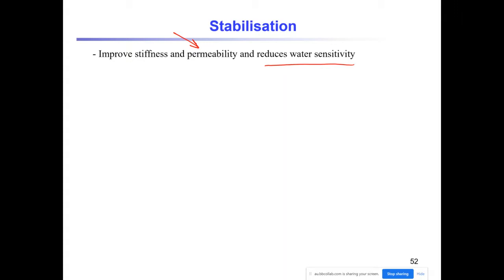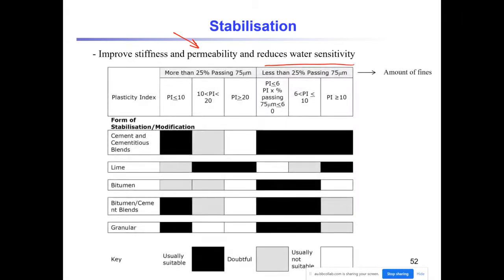During the dry season, the soil will shrink. So large level of settlement, which is very problematic and cause failure in the road, in the foundation, and in structure. So you need to add some materials in order to stabilize, in order to reduce water sensitivity of the material.